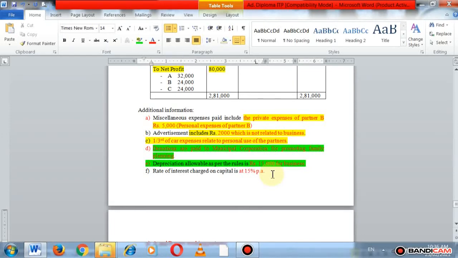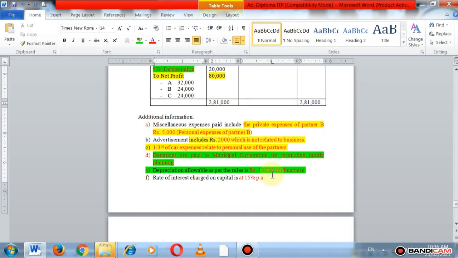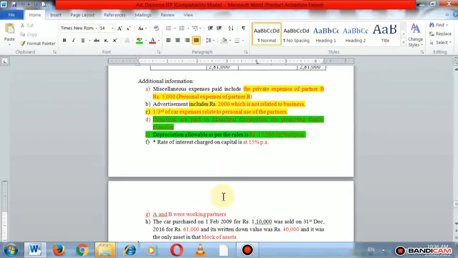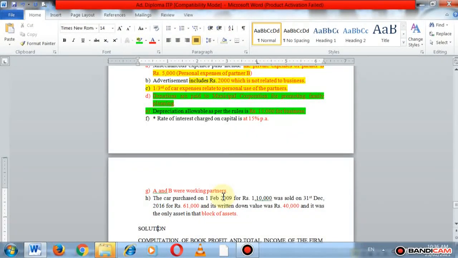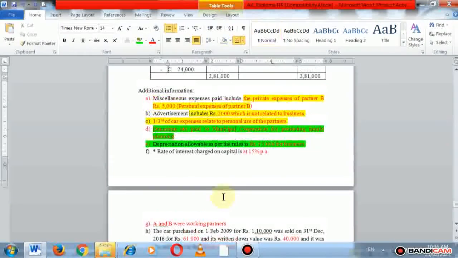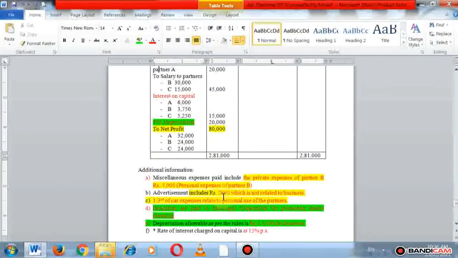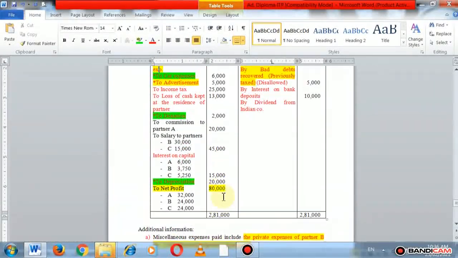Then we compute the taxable interest on capital. We make a star in front of this adjustment because we solve it after transferring all the disallowed expenses. So these adjustments we solve after completing all the disallowed expenditure.